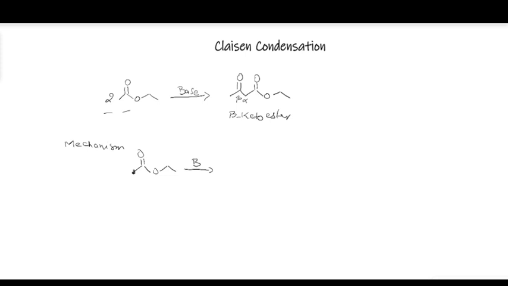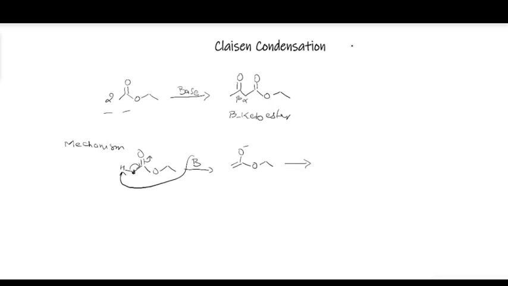So one of these alpha hydrogens will be abstracted by the base, converting it into an enolate anion, and that is why we call it an enolizable ester molecule.